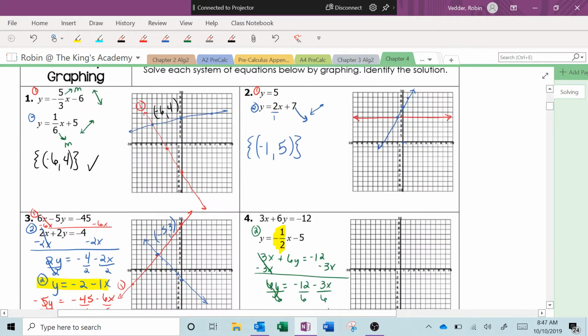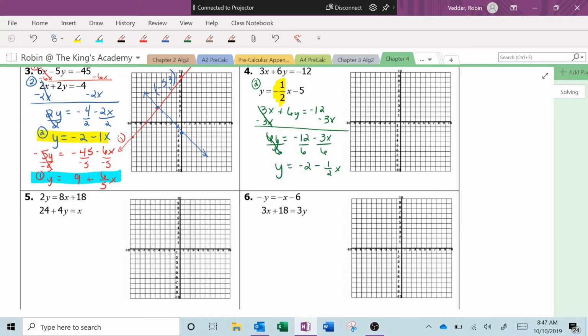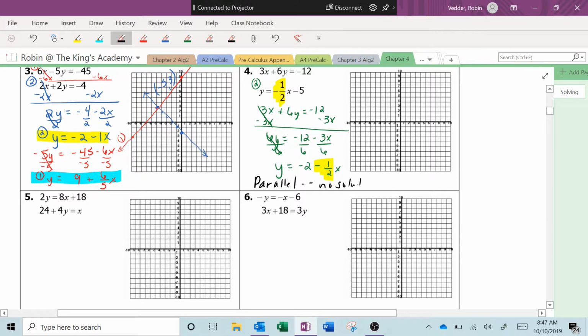No solution. So this one, just by turning them both into slope-intercept form, we already know that they're parallel and no solution. So I'm not going to even make you guys graph that one because we already know that if we graph them, they're not going to intersect. So we're going to leave it just like that.